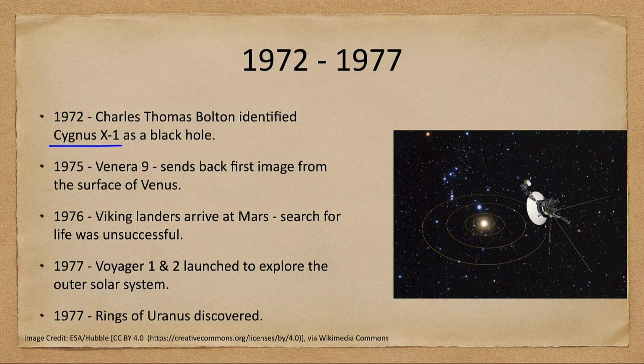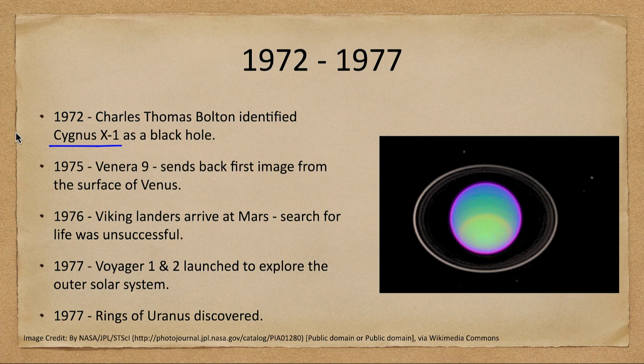So we've seen some studies of our moon, Venus and Mars here, now heading out to look at the outer solar system. But before they got there, actually, we discovered that Uranus had rings that same year, and they would be studied in more detail by the Voyager 2 spacecraft when it reached the planet Uranus.